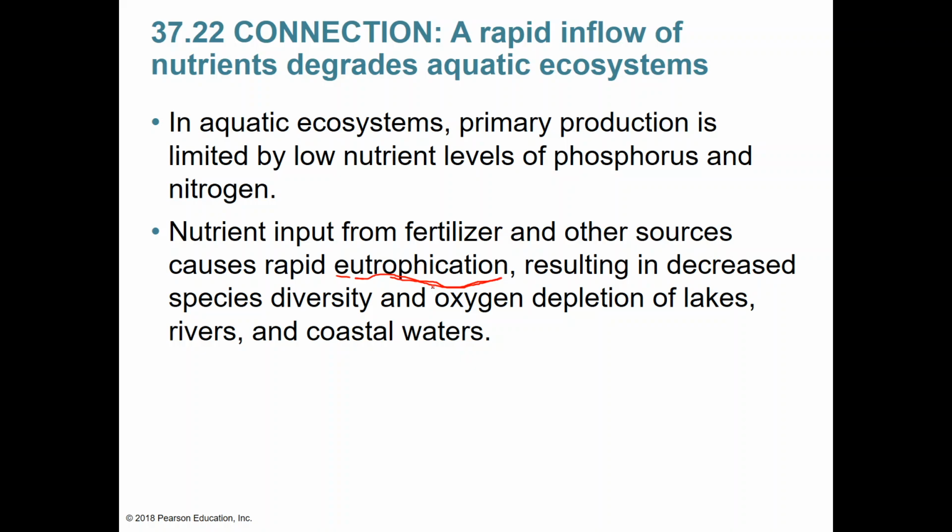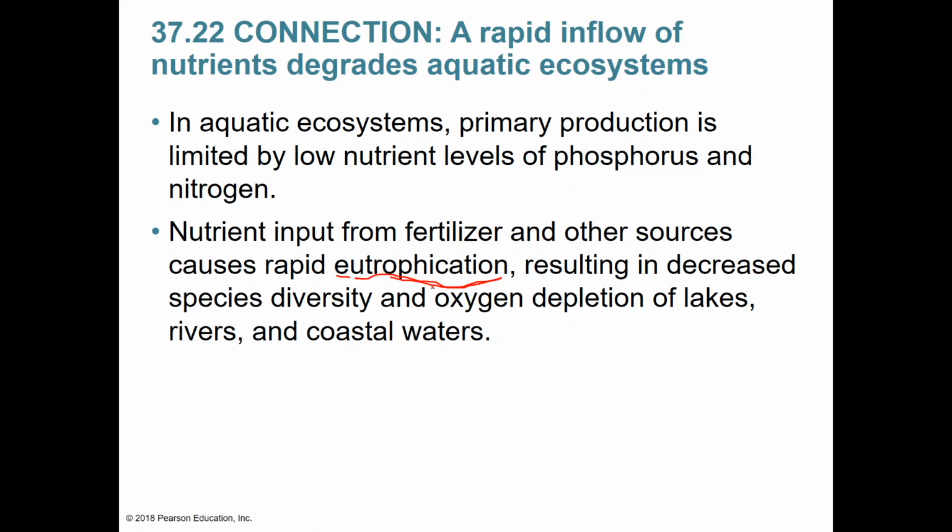Eutrophication refers to a rapid input of nutrients, phosphorus and nitrogen, into an aquatic environment from things like runoff from agricultural fertilizers or other industries that have these waste products. This rapid increase in nutrients makes the organisms that are being limited by a lack of those nutrients explode. This is where we have things like algal blooms.